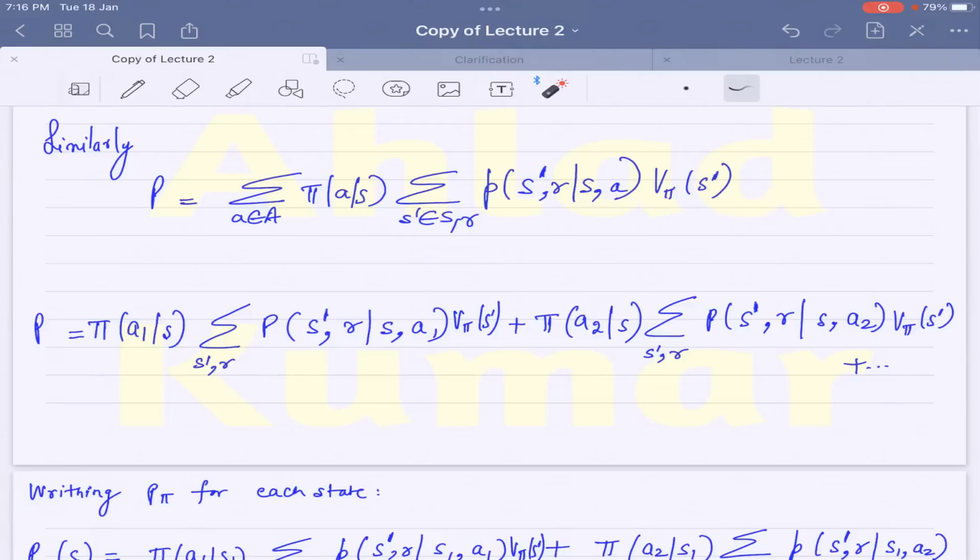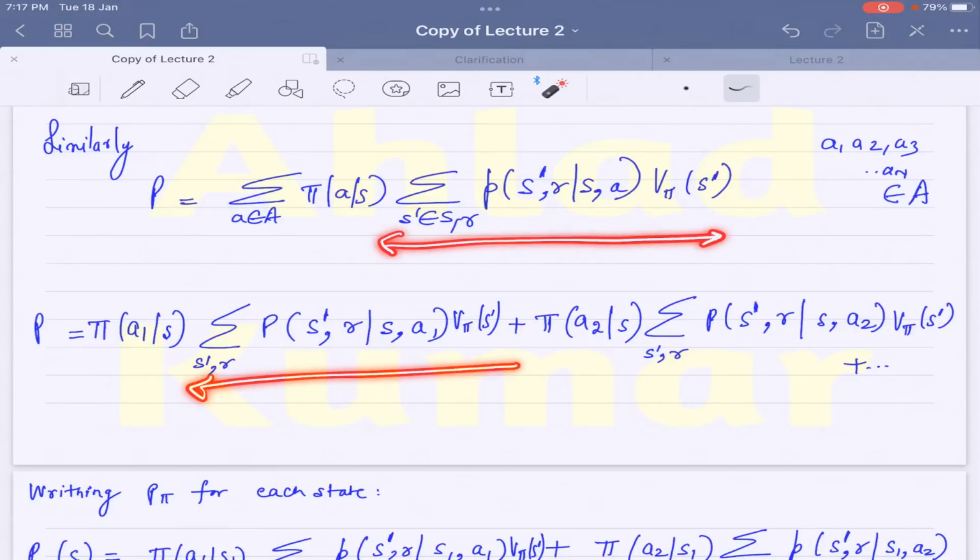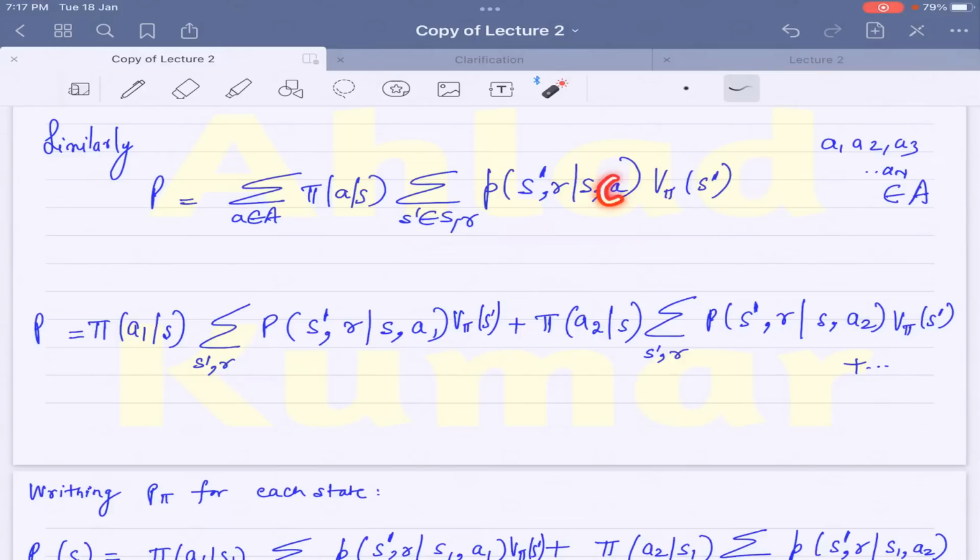If I take multiple actions, let us say A1, A2, A3 till AN, all these actions belong to a set capital A. So we can expand these terms, first in terms of A1, expanding the sigma first. If you have A1 action, A1 will be here, and the inside expression we keep the same as this one. The only difference is that this A will be replaced by A1 here, because we are currently considering A1 as the action.